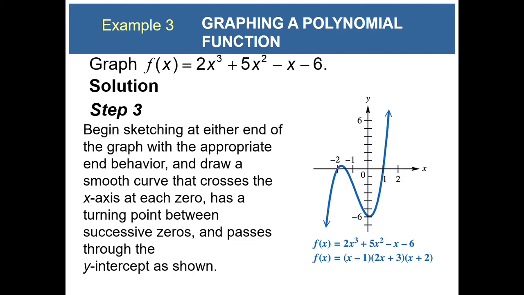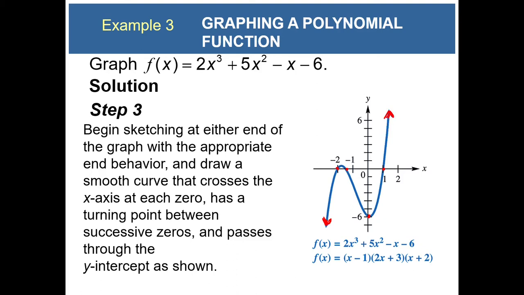So we have the zeros -2, -3 over 2, and 1. We plot the zeros first, and I plot the y-intercept, which was 0, -6. I know that the left side has to be down and the right side has to be up.